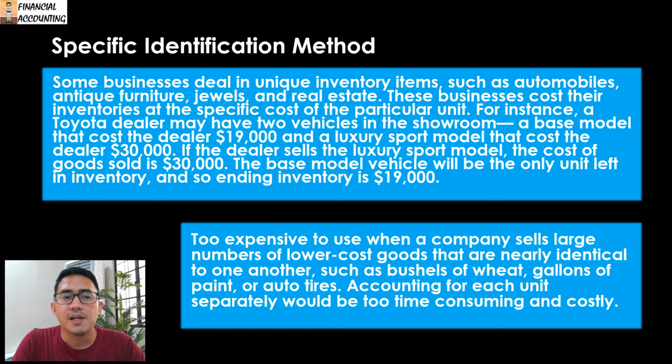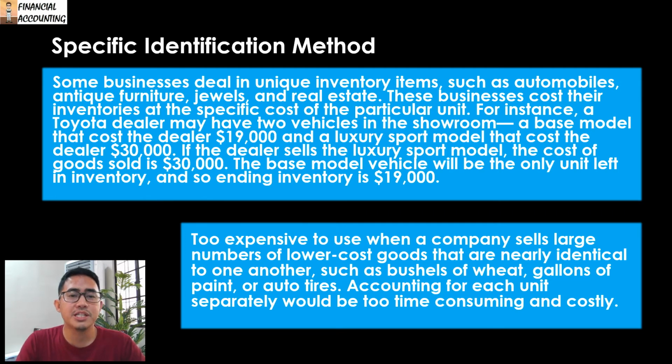So specific identification is too expensive to use, no? That's why specific identification method can only be used for items which are high in value. That's why the examples given here are automobiles, antique furniture, jewels, and real estate, because those items are relatively high in value.